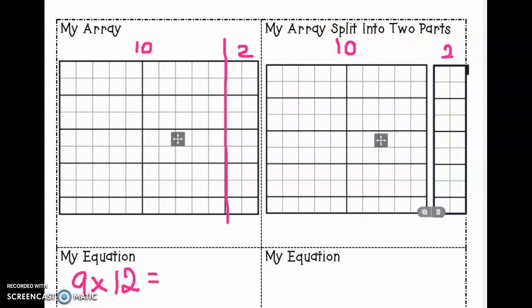And my shape is still 9 wide. Let me draw that over here. But now my equation is 9 times 2 plus 9 times 10.